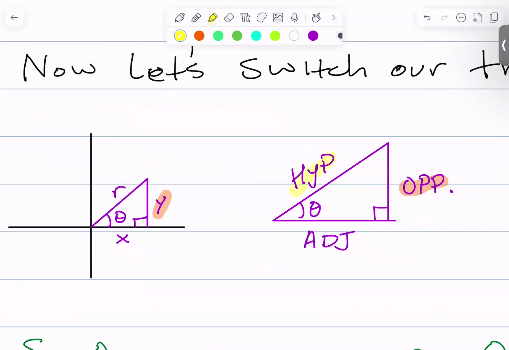The hypotenuse will be the same as my r. And my adjacent side would be the same as my x. Okay, in any of these triangles, in any of the quadrants. Okay, and again, the quadrants, if you guys don't remember, this is quadrant 1, this is quadrant 2, this is quadrant 3, this is quadrant 4. All right.